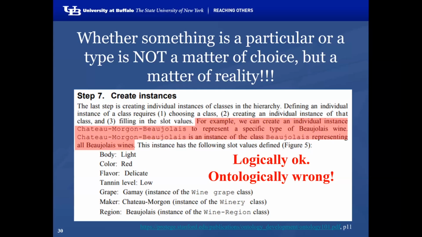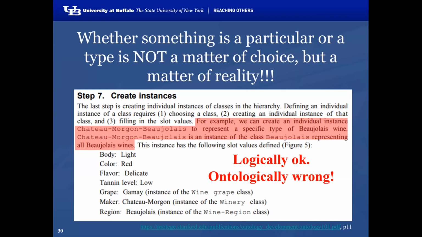Earlier I thought I had a slide about that, so here it is. Whether something is a particular or a type is not a matter of choice, but a matter of reality. In the Introduction to Protégé, we read, for example: we can create an individual instance, Chateau Morgon Beaujolais, to represent a specific type of Beaujolais wine.